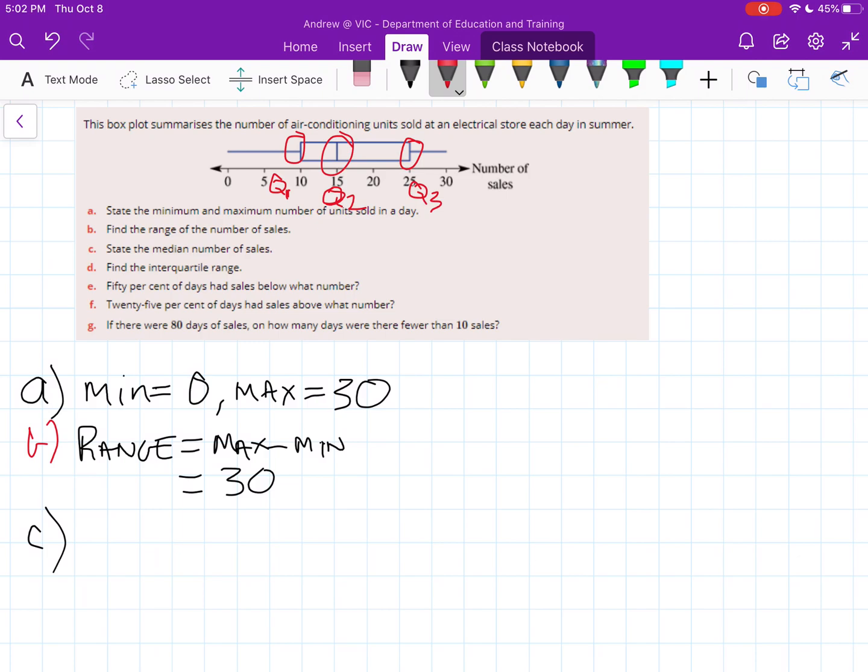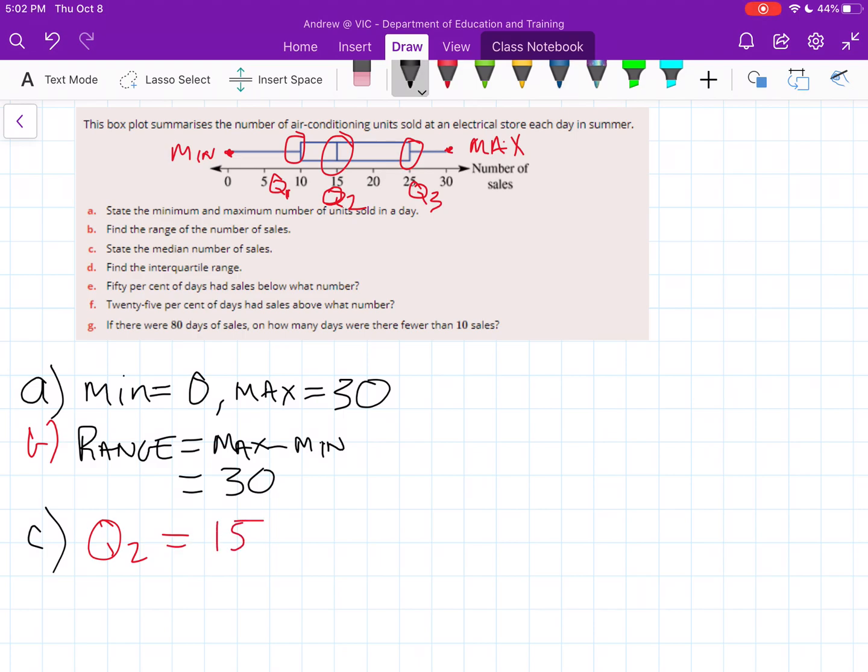As I said, we've already had our max and our min, at the end that's our max, and at the bottom that's our min. So to find our median, this is our Q2 value, which is 15.